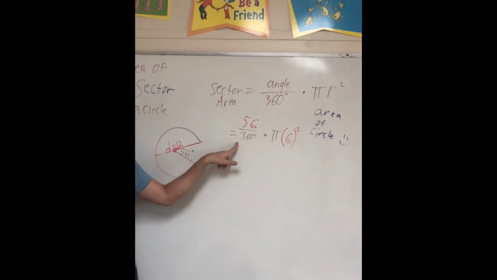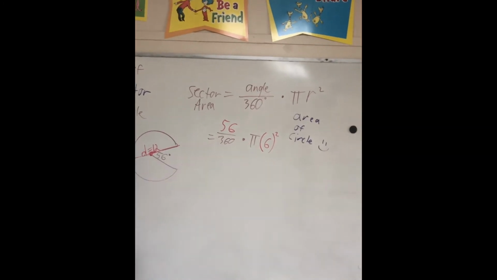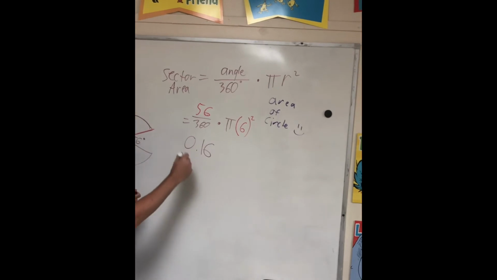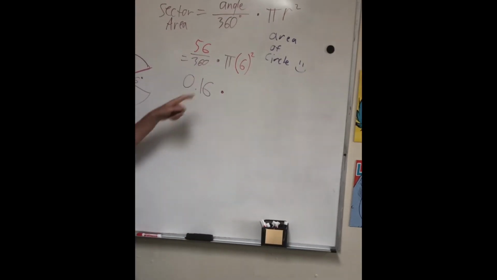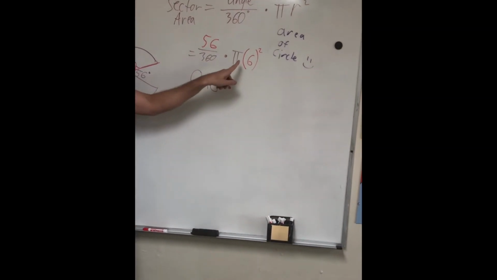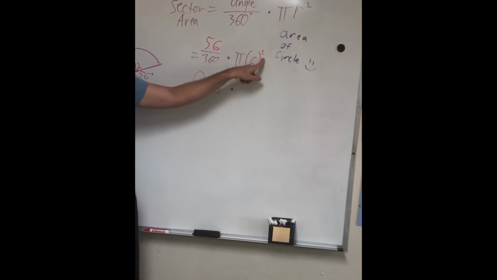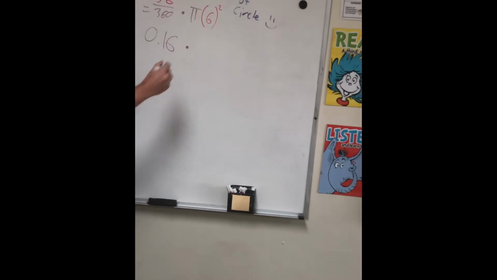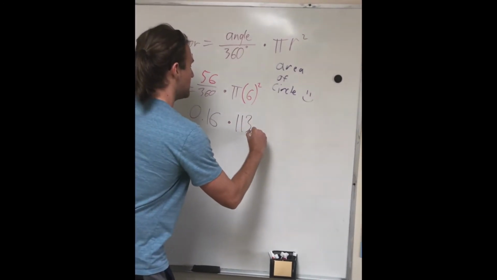And what's a fraction in disguise? Division. Very good. So I end up getting 0.16. That's rounded. Times pi, 6 squared, which is 36, of course, times pi, which gets me 113.04.